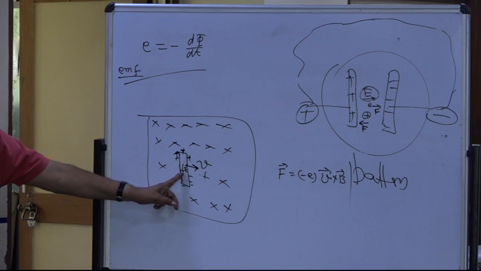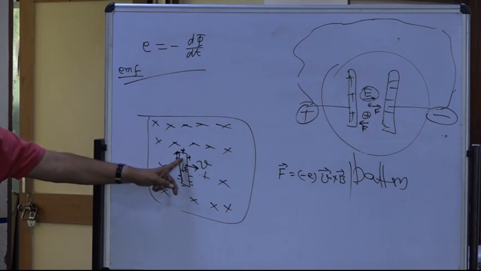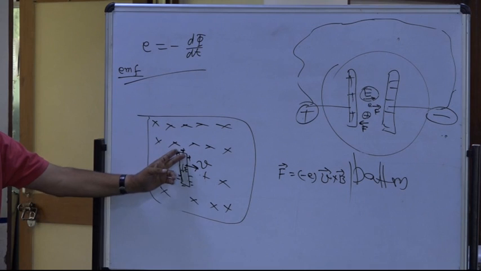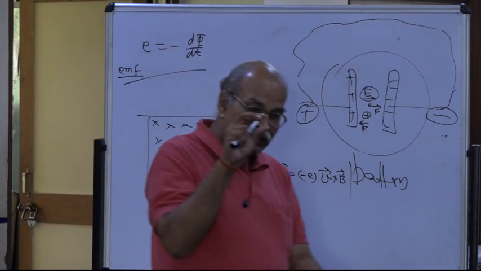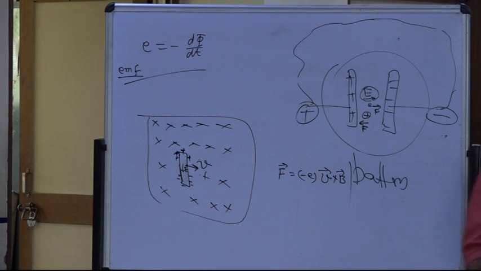The electrons will try to go up because of this electric field, and therefore electrons should go here and this should come down. So once a particular charge separation is created, a particular electric field strength is created, and the driving force and the force because of this electric field become equal in magnitude. Then further charge separation does not take place.